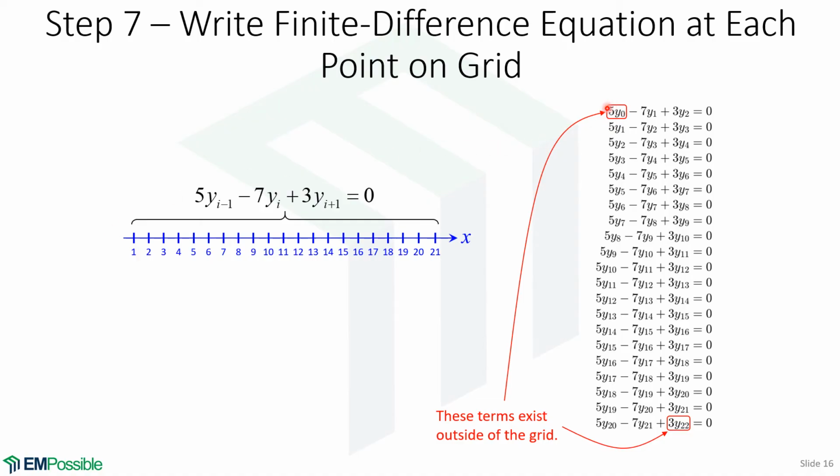We need a 5 times y_0 to write our finite difference equation for that first point. Likewise, if we're at the last point, we need y sub 22, which also does not exist. They both exist outside of the grid. So we have a problem almost any time we write our finite difference equation at the boundary points.